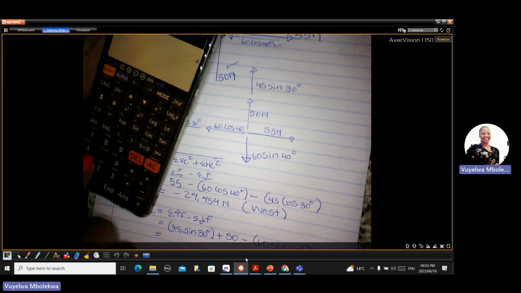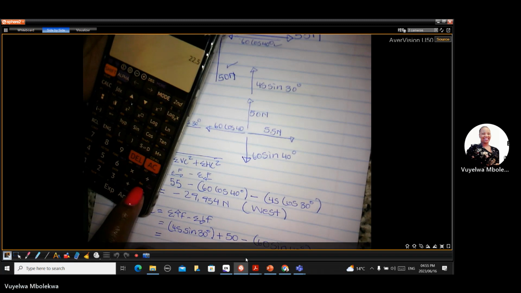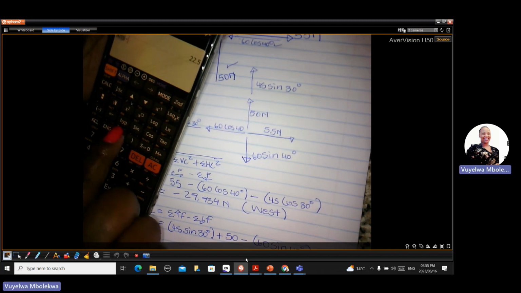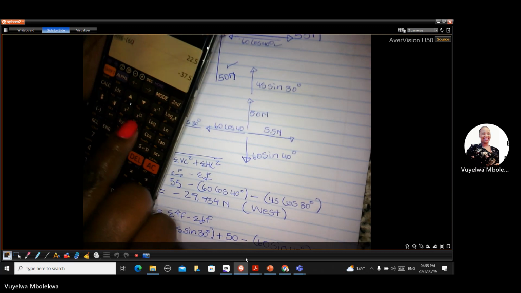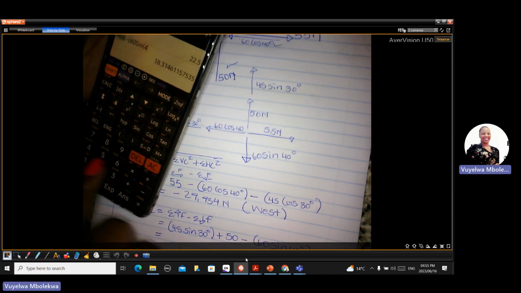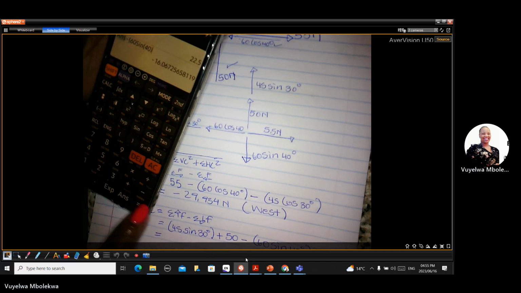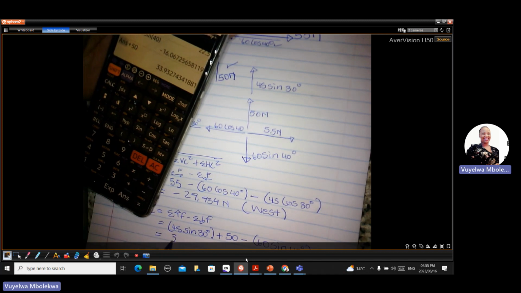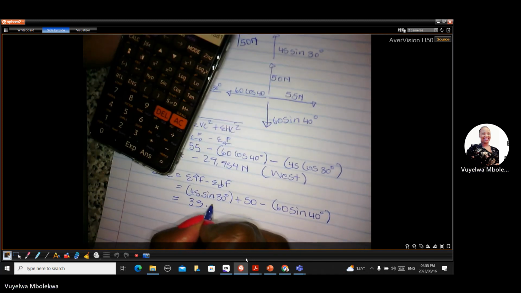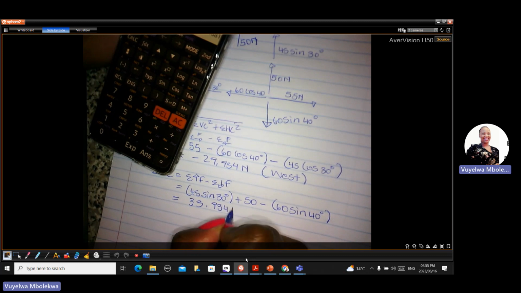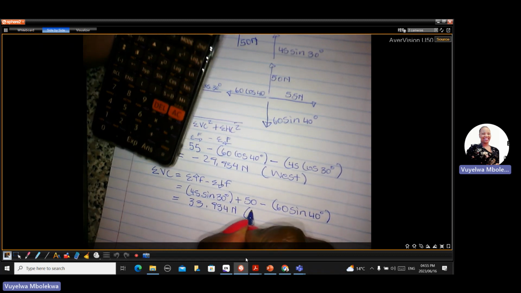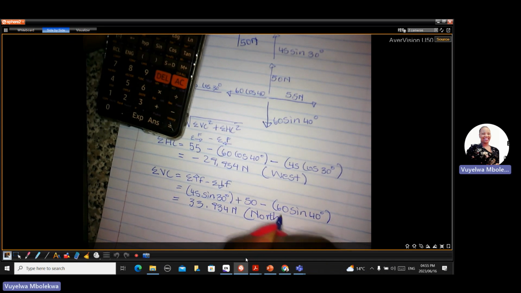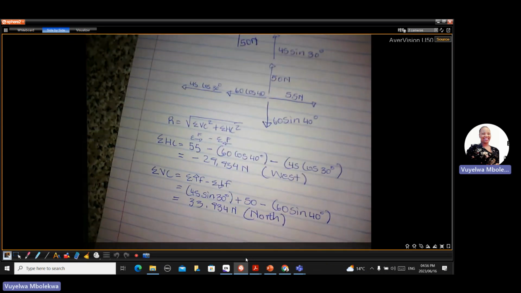Okay, let me put in 45 sine 30 first, minus 60 sine 40, equals, plus 50. I am getting 33.934 newtons. That's positive, it's going north. So vertical will be north or south, horizontal will be east or west.